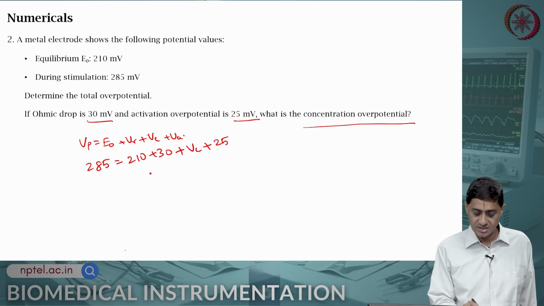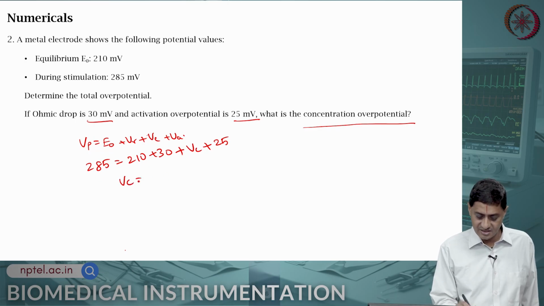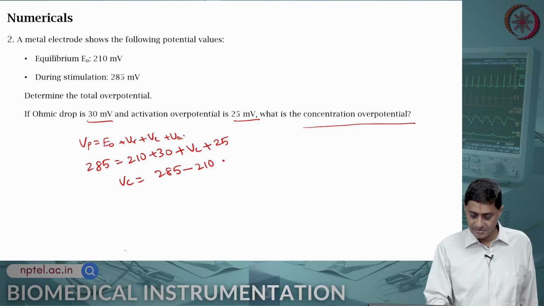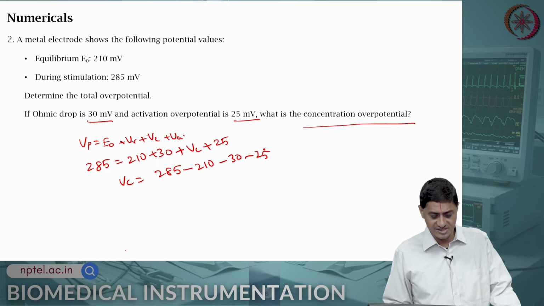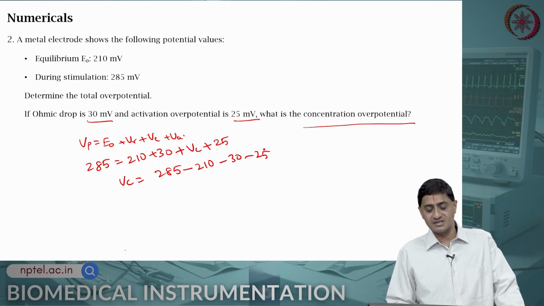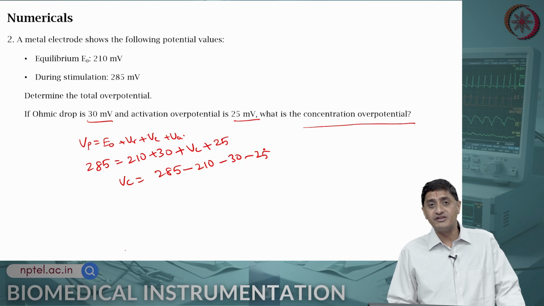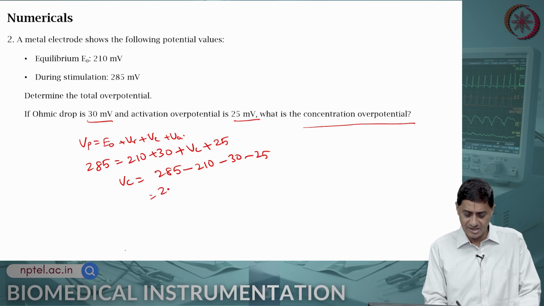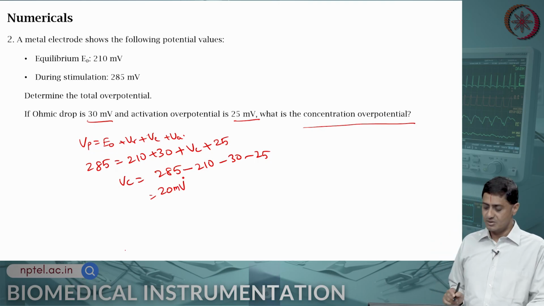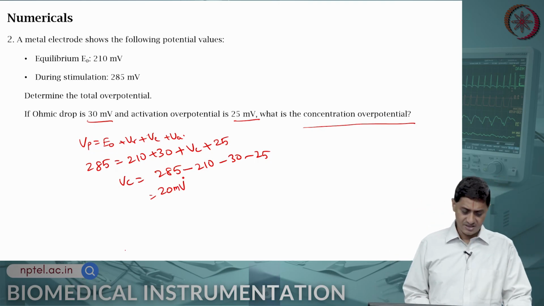So Vc is 285 minus 210 minus 30 minus 25. 285 minus 210 is 75, and if I subtract 55 from 75, I end up with 20 millivolts. This is the concentration overpotential in this case.